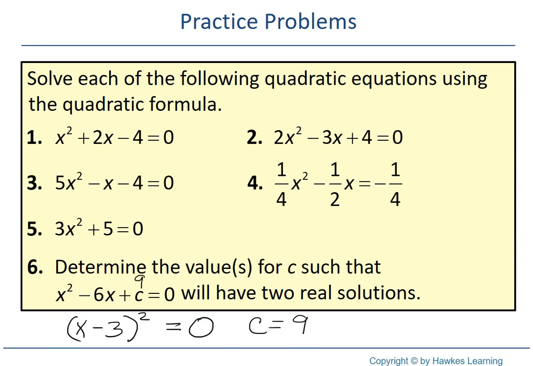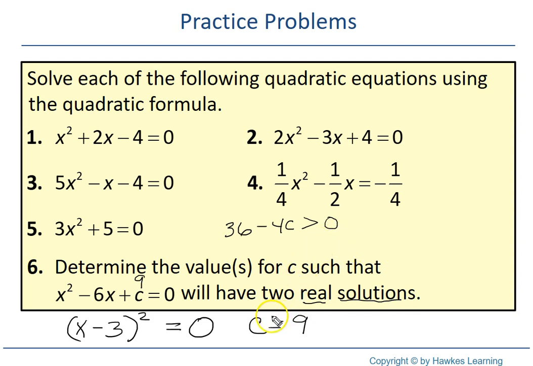But that's not the question now. I should have read it more carefully. All right, let me pause here. So I had to modify that. If we wanted just one solution, it would be c equals 9. But we want it to be greater than 0, so they are real solutions.